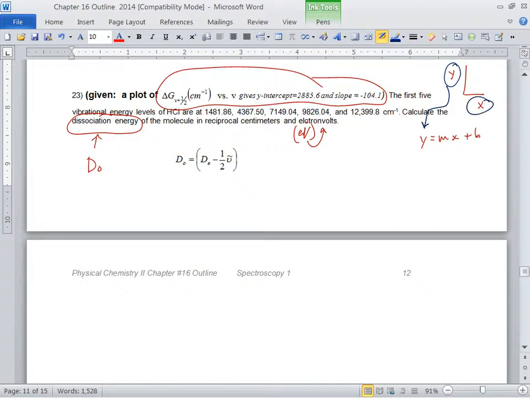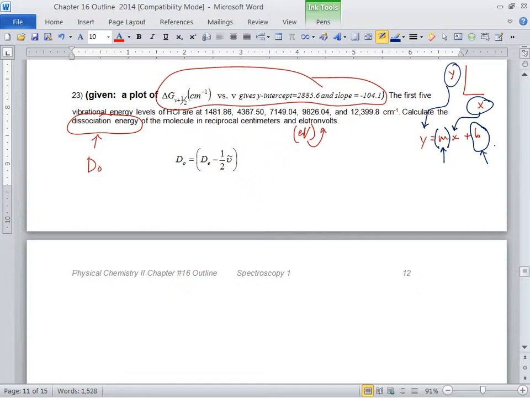It doesn't have to be one thing; it can be a bunch of stuff. And whatever's in front of what you plotted, that's your slope. Then you're adding, and you can always add a negative sign, but if you're adding, there's your y-intercept.